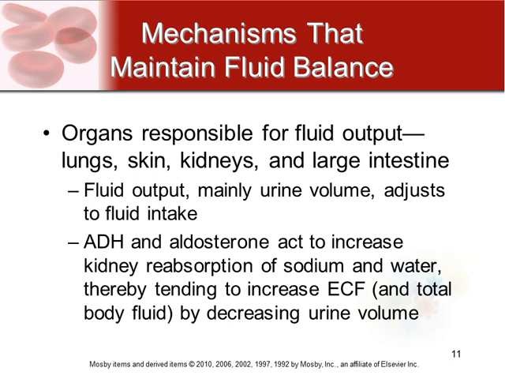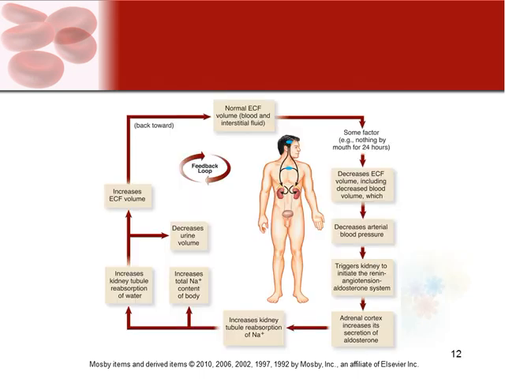So antidiuretic hormone and aldosterone are important because they increase your kidney's reabsorption of sodium and water. So they tell your kidney to reabsorb fluid, which tends to increase your extracellular fluid, so that's the total amount of body fluid you have in you, and decrease your urine volume. So how much goes out decreases, but how much you now have outside of your cells in your body increases.